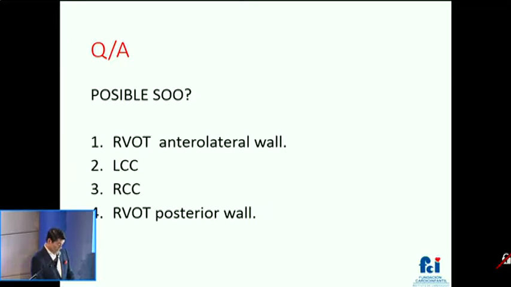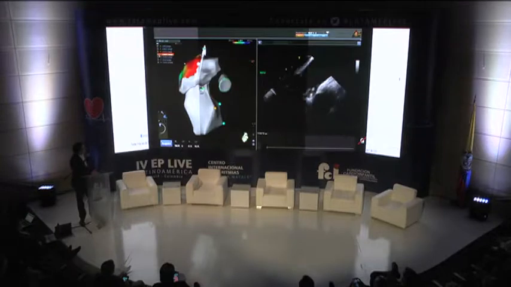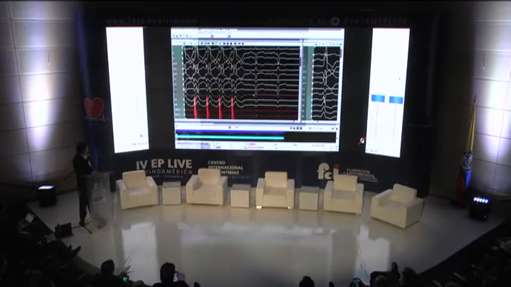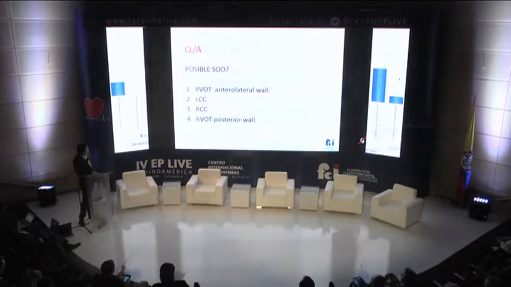With the cusps, we may now read the answers. The anterolateral wall of the outflow tract. Can we go back to the presentation? We are doing the electrocardiographic analysis of the extrasystole.